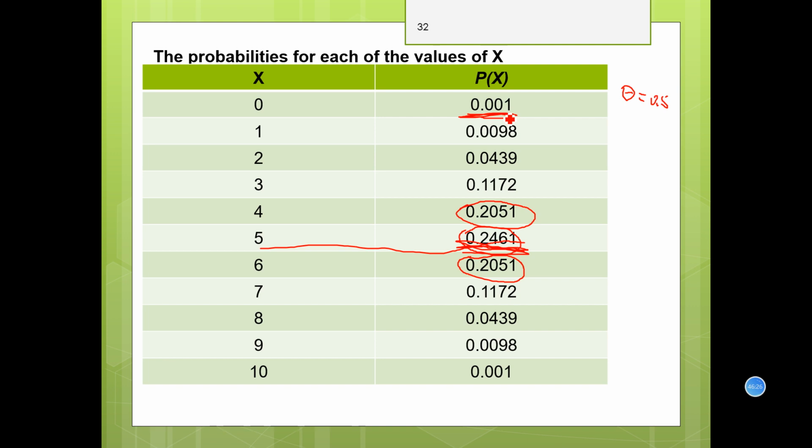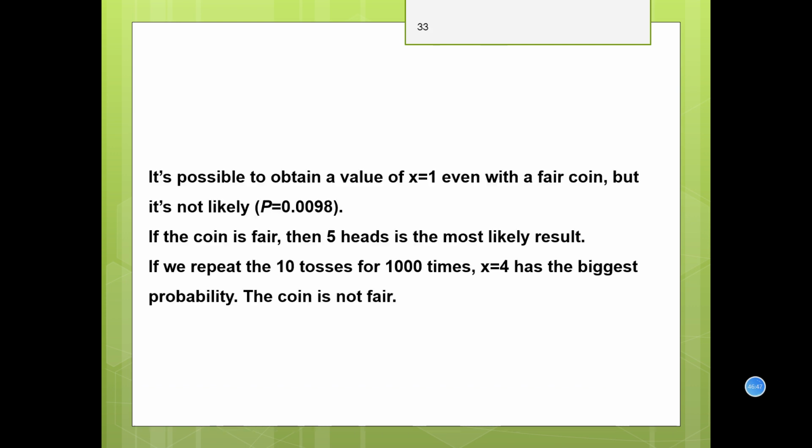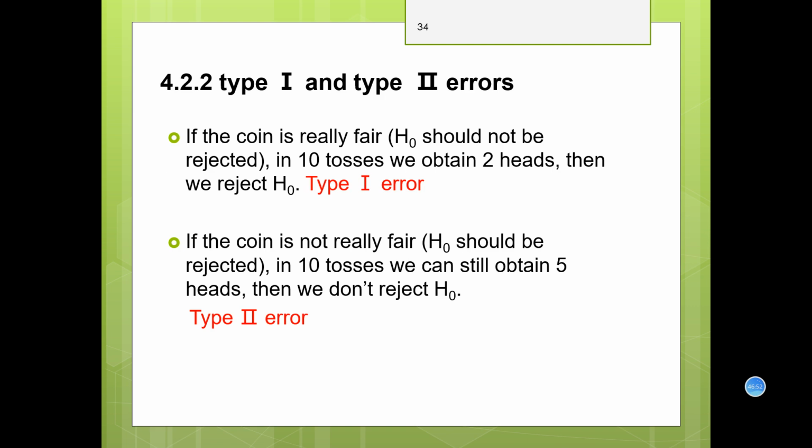Thus, in hypothesis testing, we must make our decision on what seems most reasonable, realizing that we must of necessity take a risk of making an incorrect decision. So that is what we need to do in hypothesis testing. Okay, so this is the basic concept of hypothesis testing.